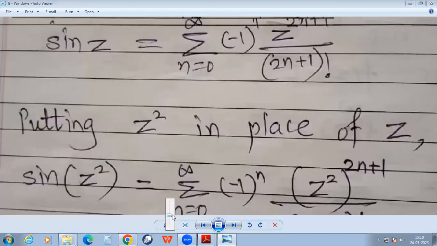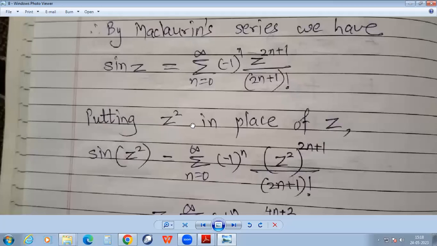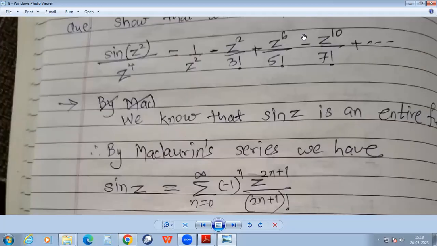In this case also, you can see the negative powers of z, there is a single term, and the rest all are positive powers of z.